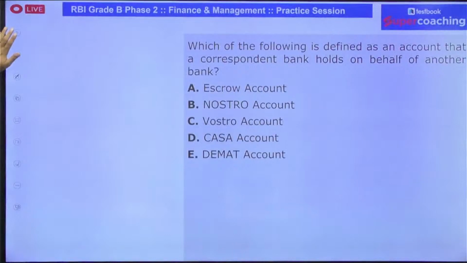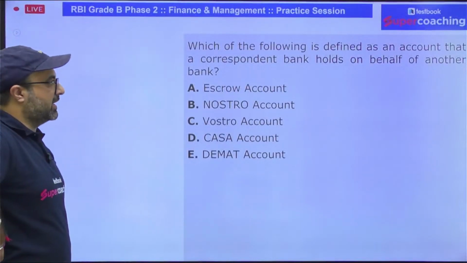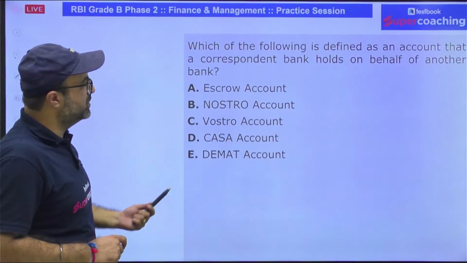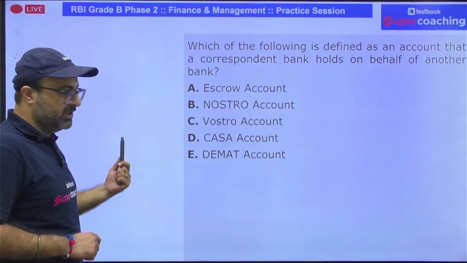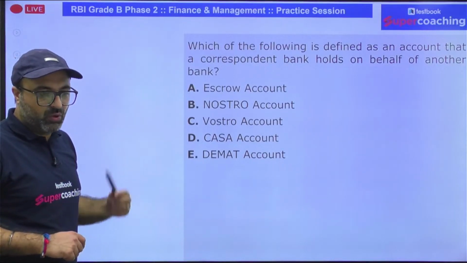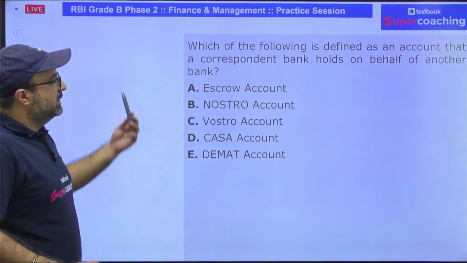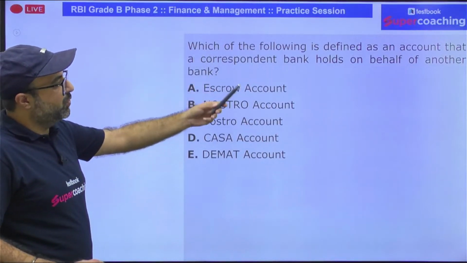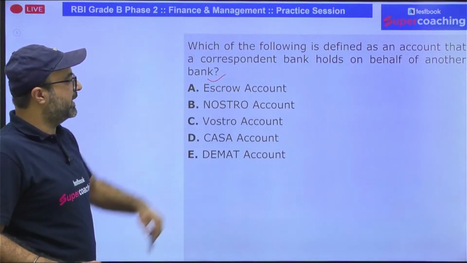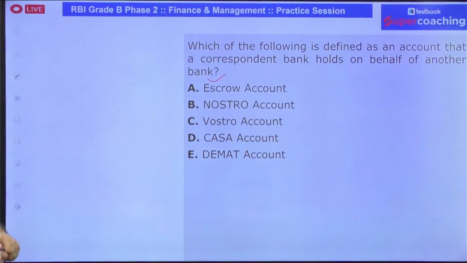Moving to the next. Which of the following is defined as an account that a correspondent bank holds on behalf of another bank? Correspondent bank holds on behalf of another bank. What will be your answer?